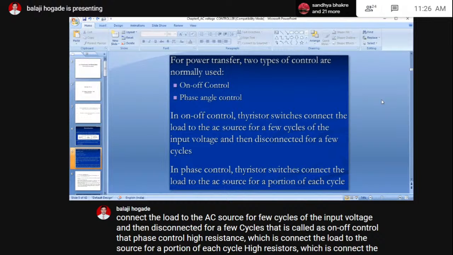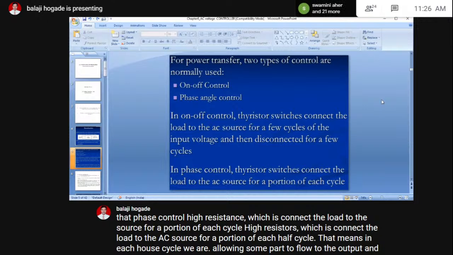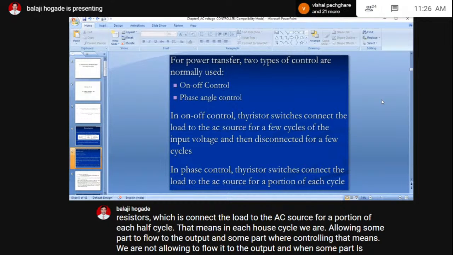That means in each half cycle we are allowing some part to flow to the output and some part we are controlling. That means we are not allowing it to flow to the output. Some part is available at the output from every half cycle, not the entire half cycle.